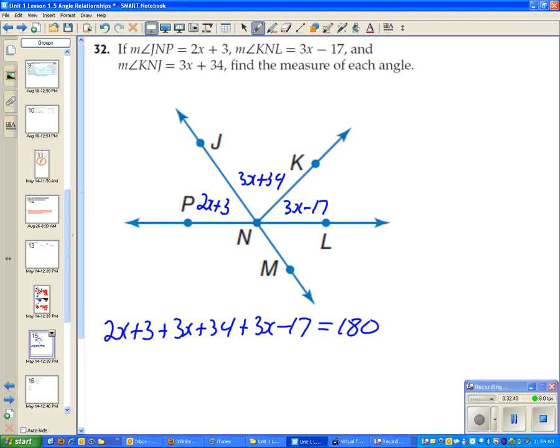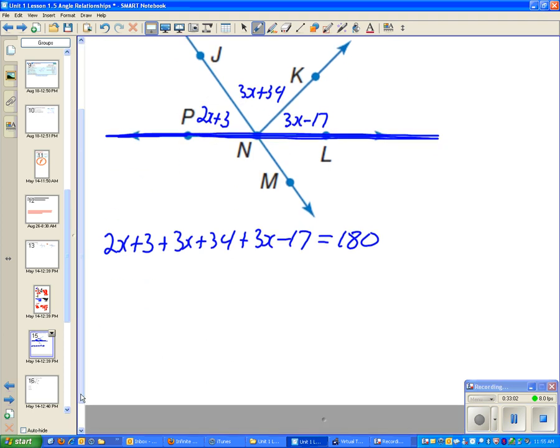Now, let me clarify something. They're not a linear pair because there's three of them. However, those three angles do have to have a sum, or those measures have to have a sum of 180, because together they form a line. So we don't call them a linear pair, but they end up working the same way. All right, solve that for x and see what you get.